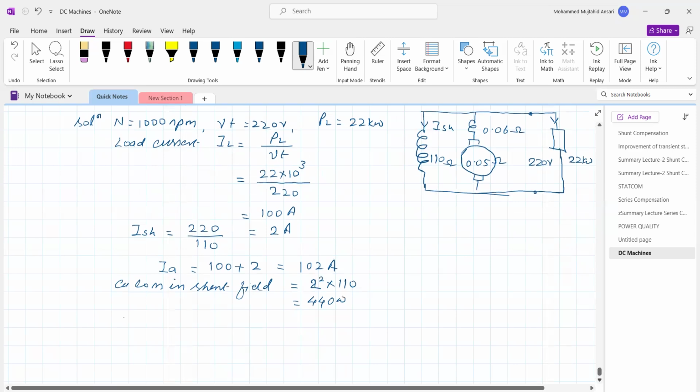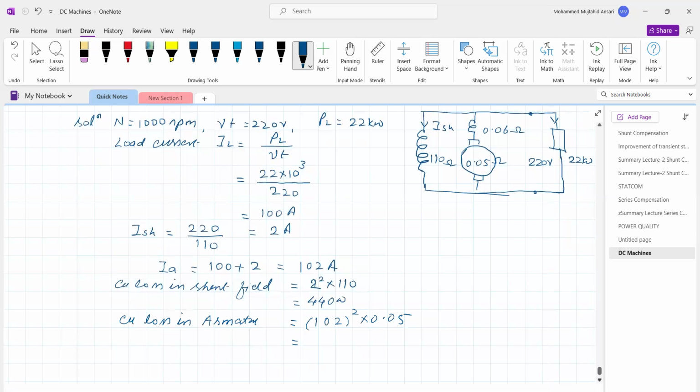Now Cu loss in armature is equal to 102 squared into 0.05. So the armature copper loss is equal to 520.2 watt.